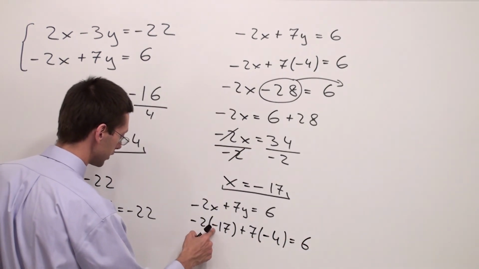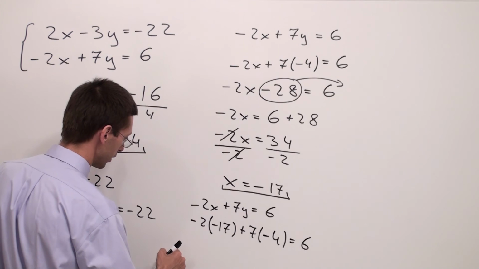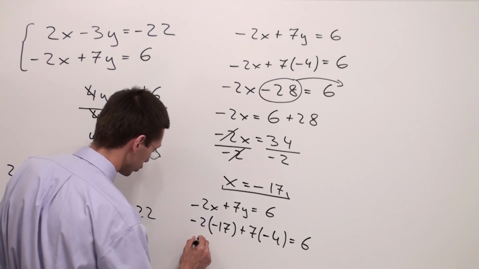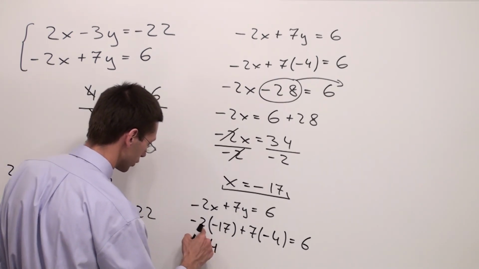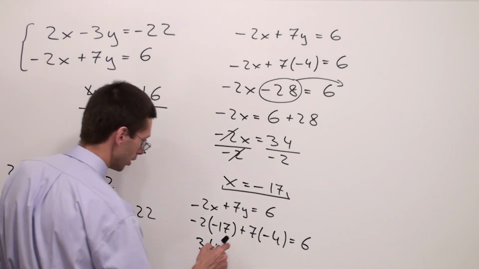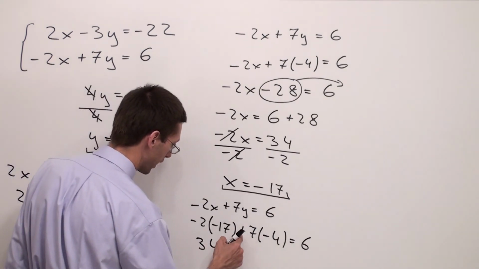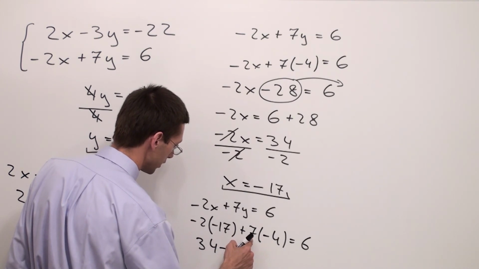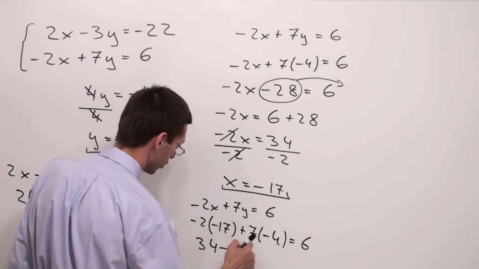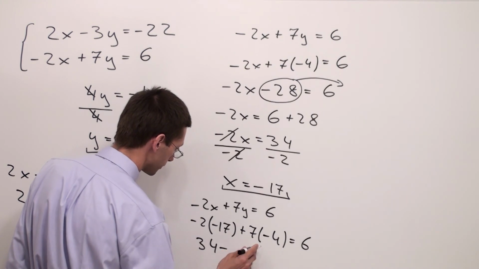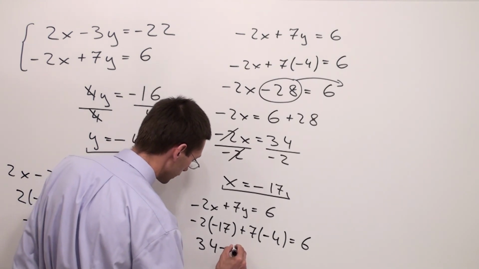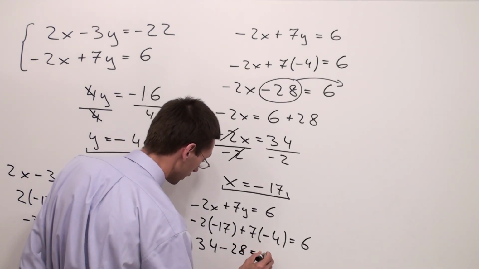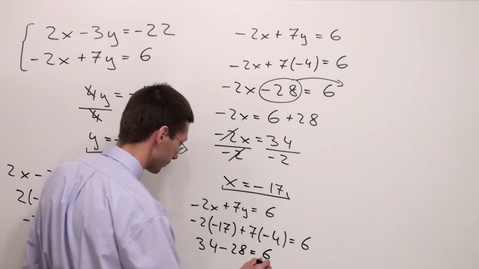Negative times negative gives me positive, and I have 34, because 2 times 17 is 34. Negative times positive gives me negative, and 7 times 4 is equal 28, equals 6.